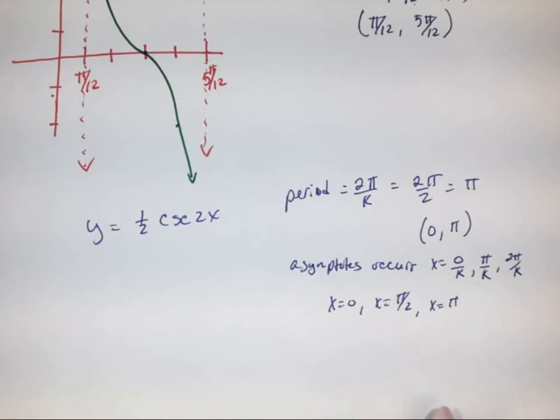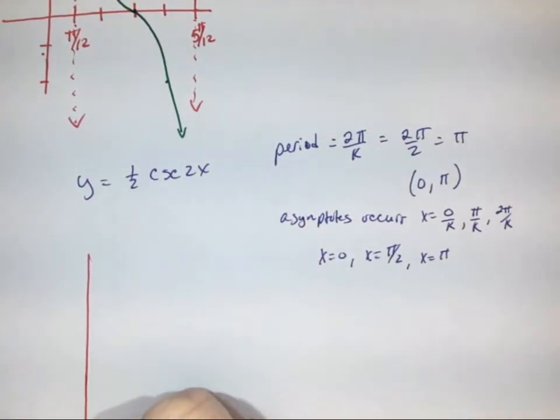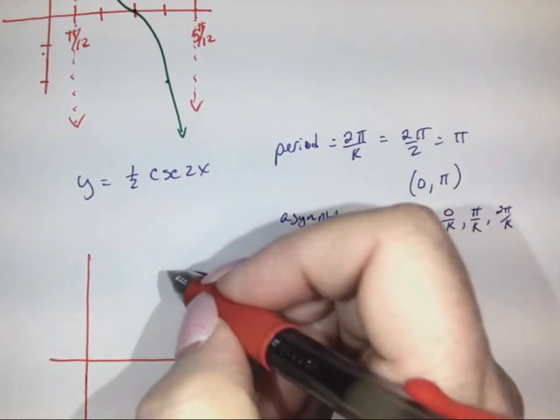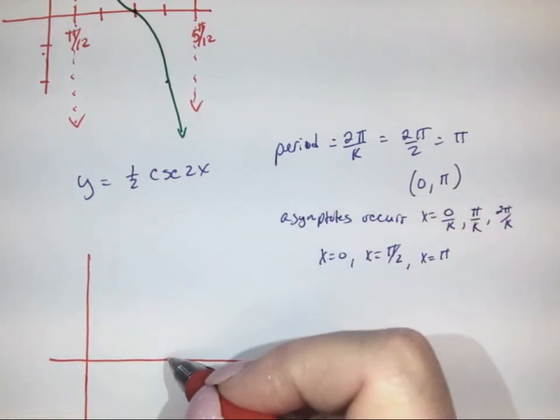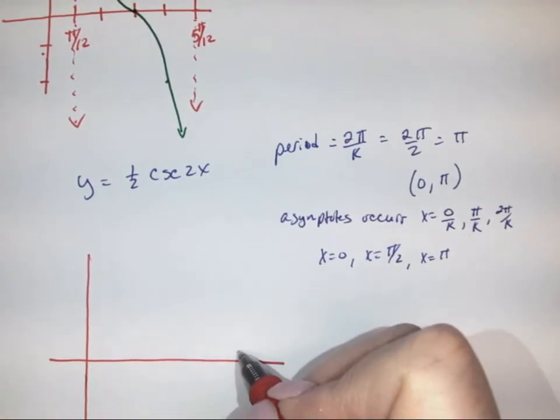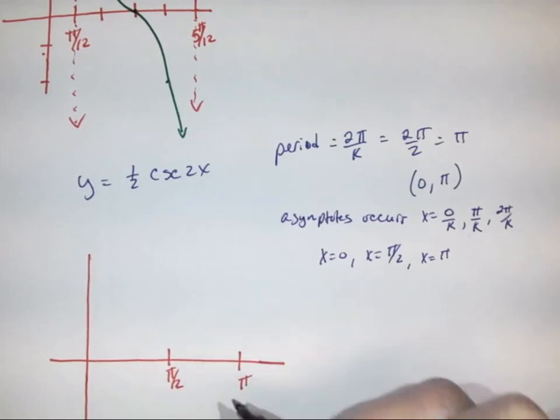Alrighty, let's go draw this graph. So our period is from 0 to pi. So halfway between would be pi over 2.